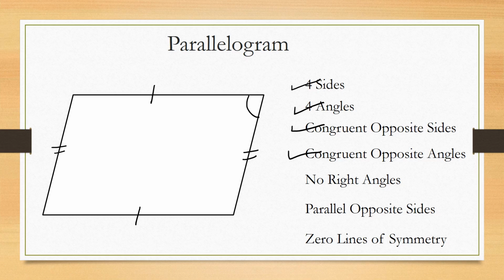That means this angle here is congruent to this angle, and this angle here is congruent to this angle. There are no right angles. Only the parallel sides are opposite each other, of course, that goes without saying, and there are 0 lines of symmetry.